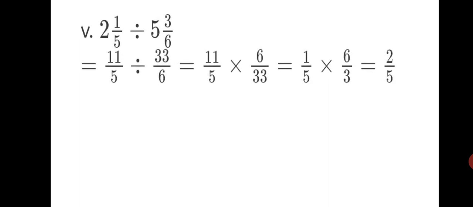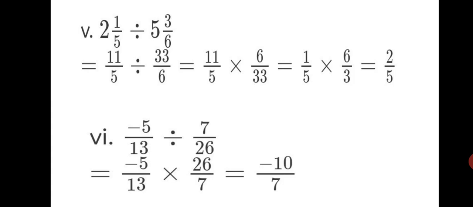Now let's move on to the sixth sum. Minus 5 upon 13 divided by 7 upon 26. Minus 5 upon 13 as it is. Division becomes multiplication, and 7 upon 26 we write as 26 upon 7. Can we reduce? Yes. 13 2s are 26. So minus 5 into 2. You can write it down as a step there.